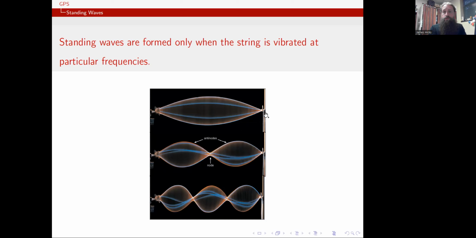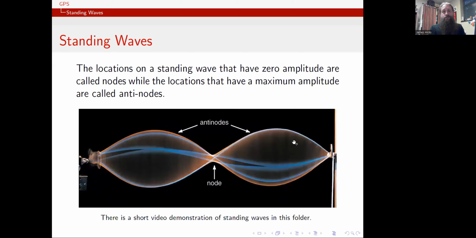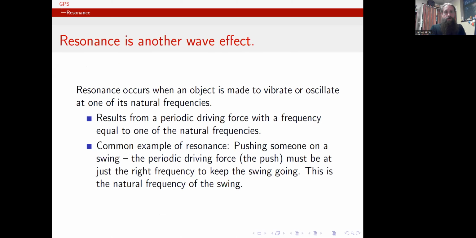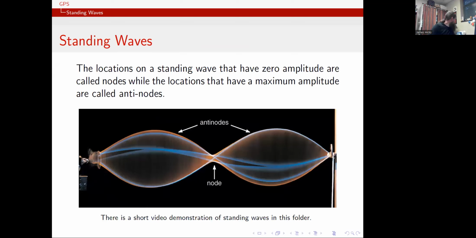This main frequency here is called the fundamental. When I pluck a string on this guitar, the sound that you hear is primarily the frequency associated with the fundamental.